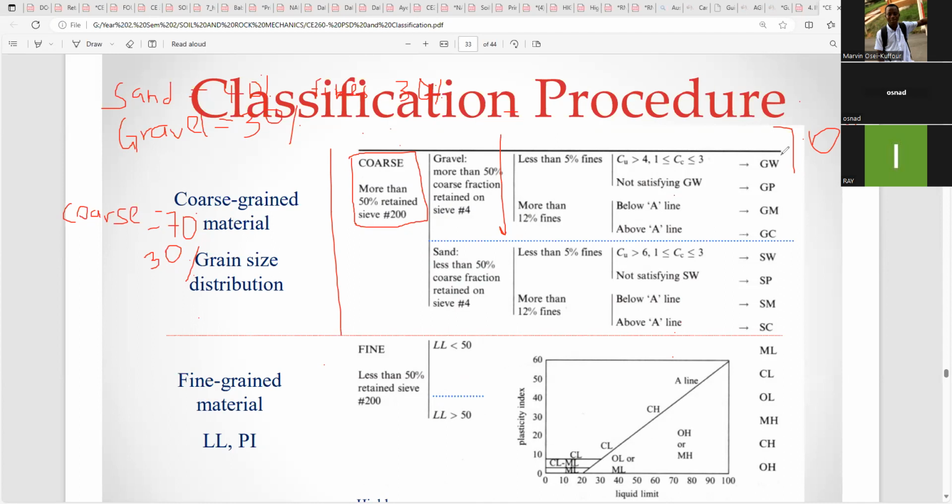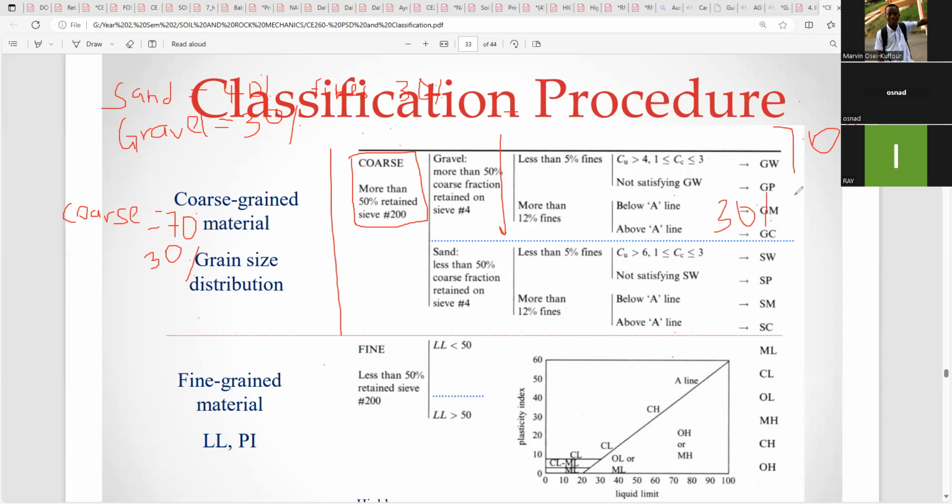So let's check whether we have more than 50% of the coarse fraction retained on sieve number 4. The fraction retained on sieve number 4 is the gravel. We had it to be 30%.